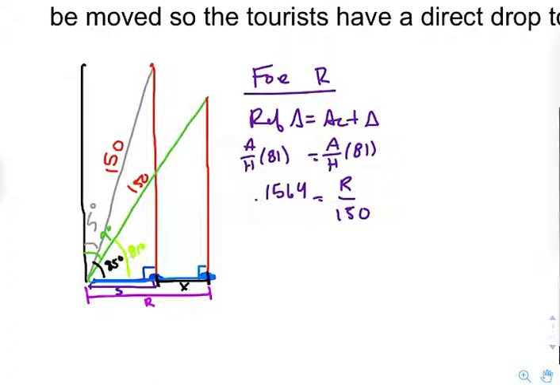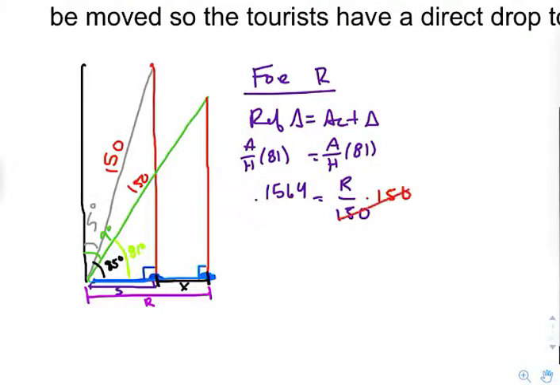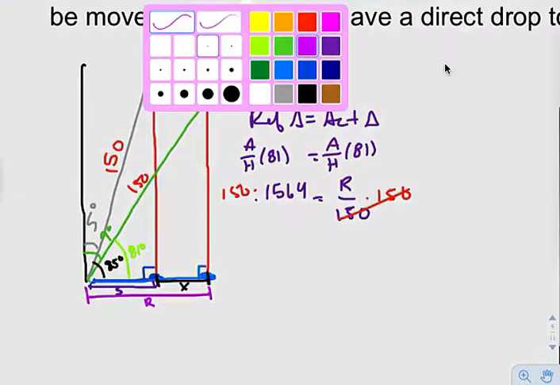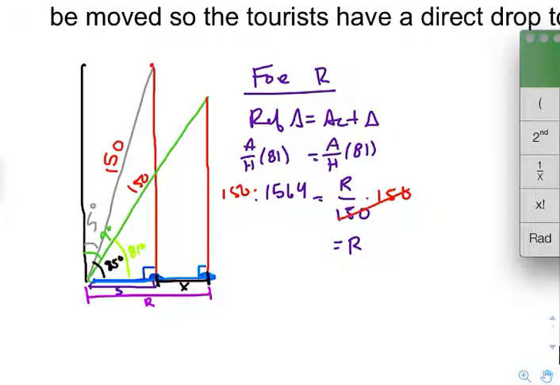Okay, so again, I'm just going to go to algebra here. Let's multiply both sides by 150. That should do a nice job canceling that out. So it actually should give me a nice R value here. So R is equal to 0.1564 times 150.